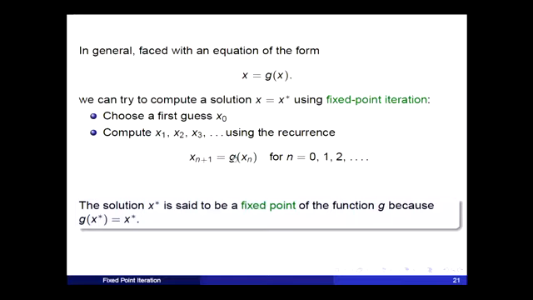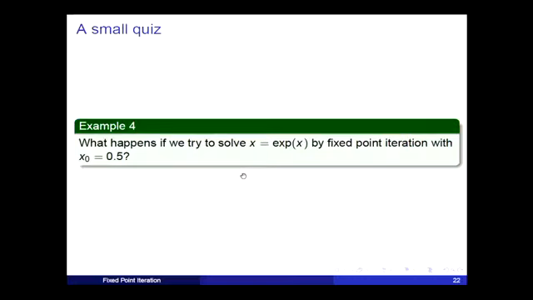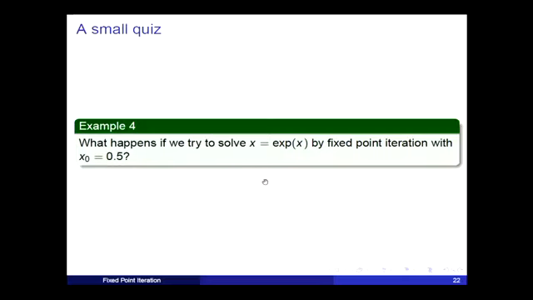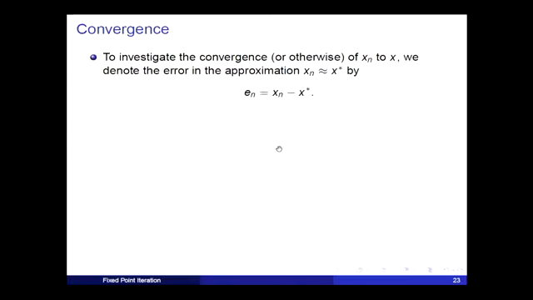Essentially, what you want is for this to be a contraction. To make it precise, and we did this already, we have to define the errors. The errors are the difference between your approximate solution and the exact solution, and you want these errors to go down to 0.